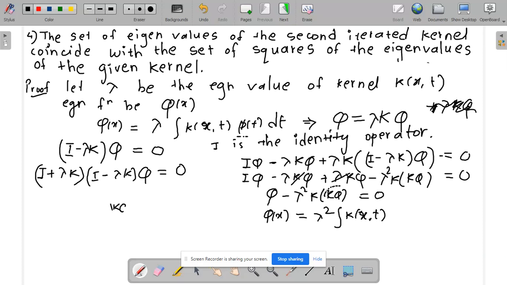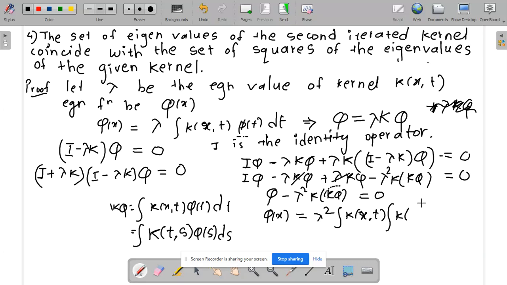K of phi is nothing but the integral k x comma t phi of t dt. Now this is a function of x. I want it in terms of t, so I will write it as the integral k t comma s phi of s ds. That I will put it here.